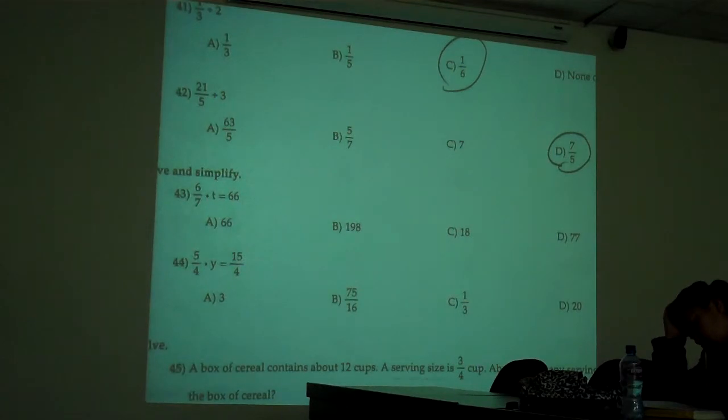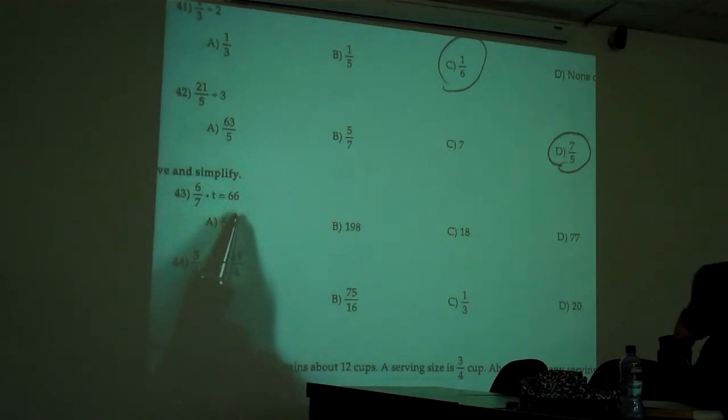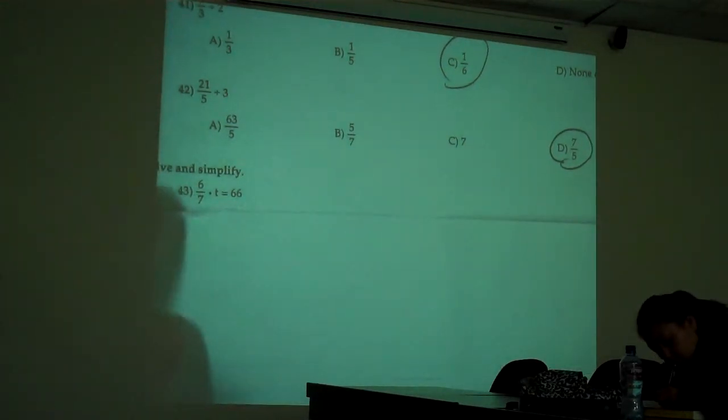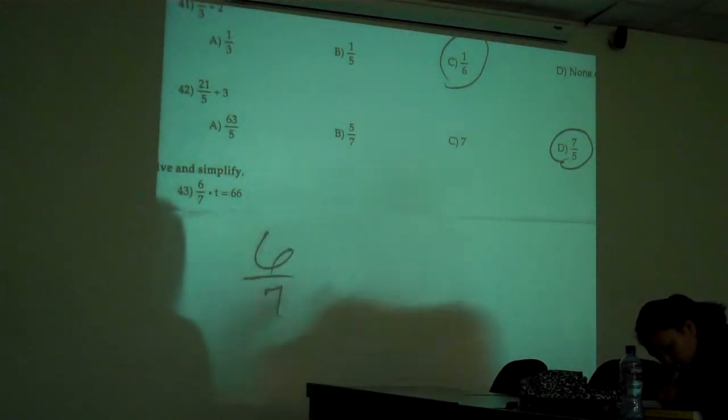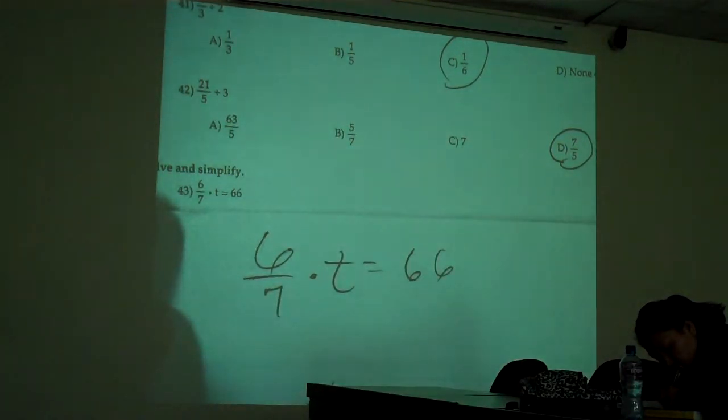Okay, solve and simplify. 6/7 times something is 66. We want to turn this into just T. We have 6/7 times T is 66. We want T is something.